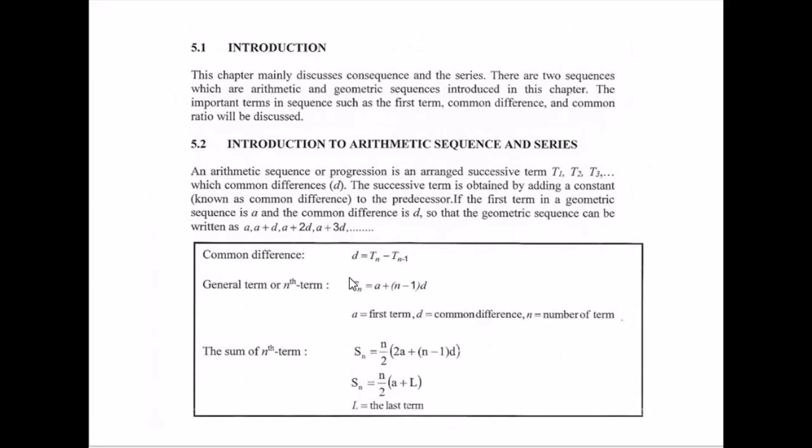Then to find Tn, the general term: Tn equals A plus (n minus 1) multiplied by D. And the third formula is to find the sum of n terms: Sn equals n over 2 multiplied by (2a plus (n minus 1) multiplied by D). Okay, T is term, D common difference, A first term, and n number of terms.